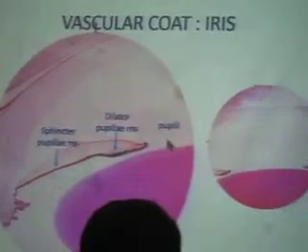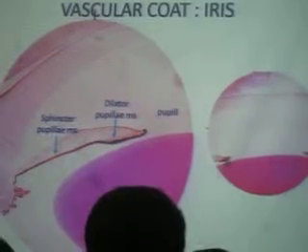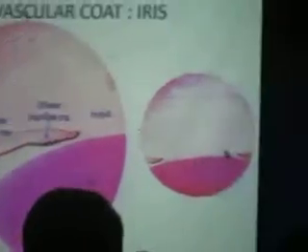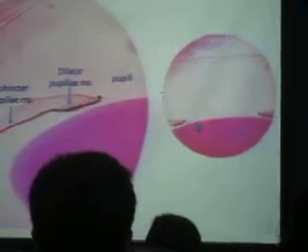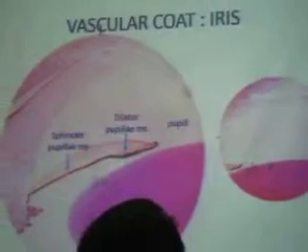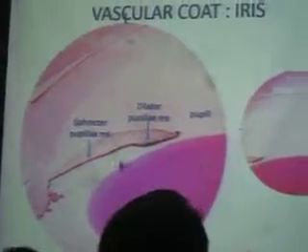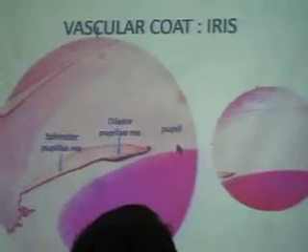And then, between the two ends of your iris, you have your pupil, which is a continuation of your posterior chamber with the anterior chamber.